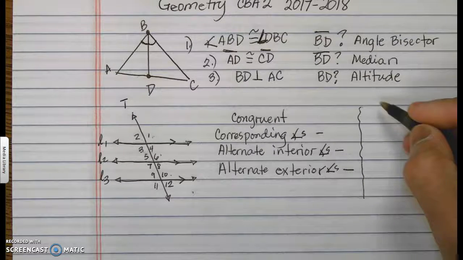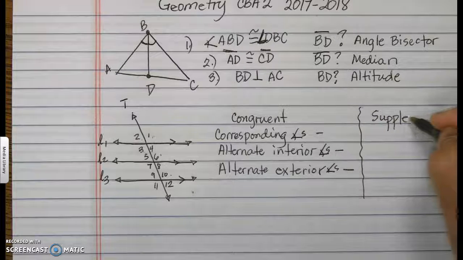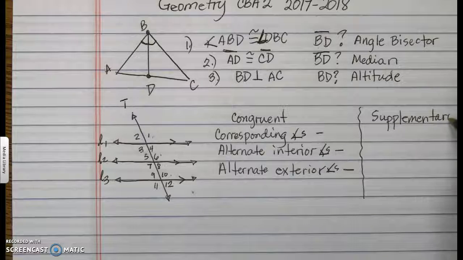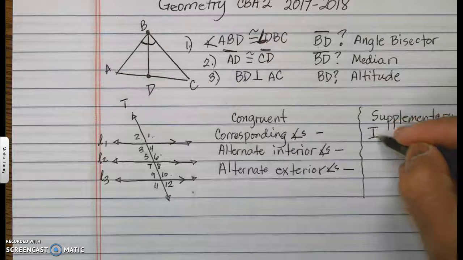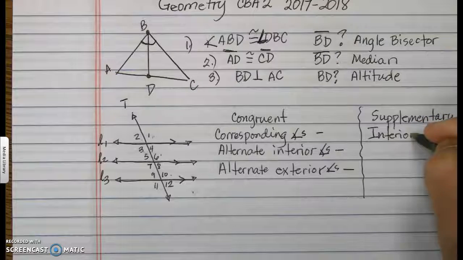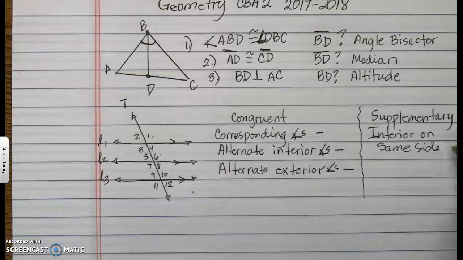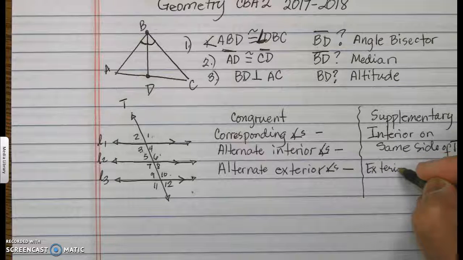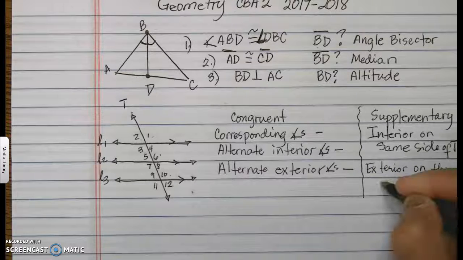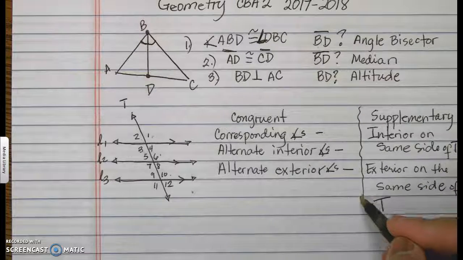So now we're going to go to the angles that are supplementary, or 180 degrees. Supplementary angles are going to be the interior on the same side of the transversal T and exterior on the same side of transversal T. Okay, now let's look at this.